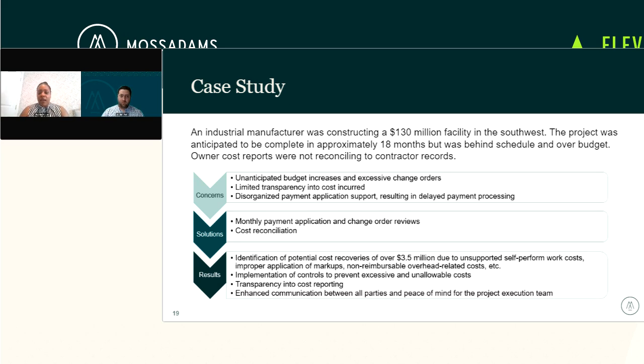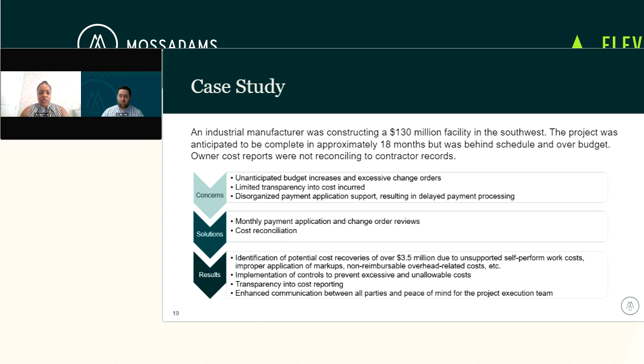And ultimately, at the end of the day, the project wrapped up, and we identified potential cost recoveries of about $3.5 million on the project, mostly due to some self-performed work that the contractor was performing. They couldn't provide the substantiating documentation and backup for those costs.